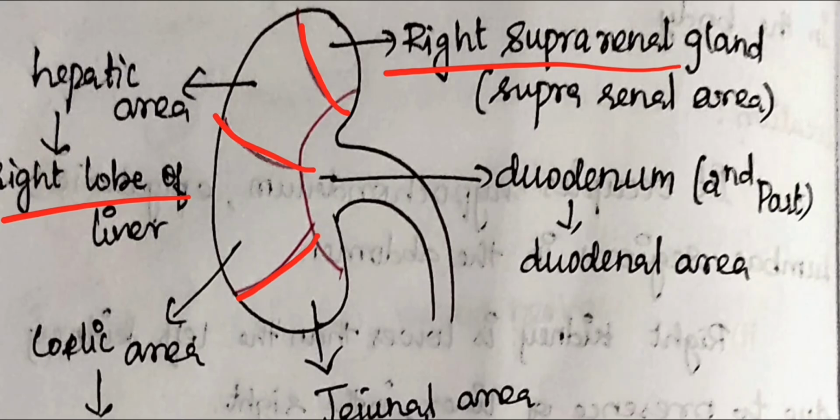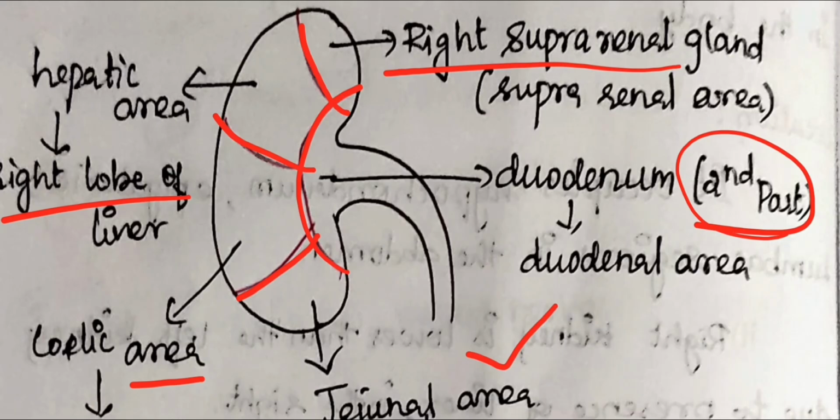Then the colic area, where the colon will be attached, and the jejunal area, where the jejunum will be attached. In the duodenal part, mainly the second part of the duodenum is attached to the right kidney. So there are 5 relations in the right kidney.